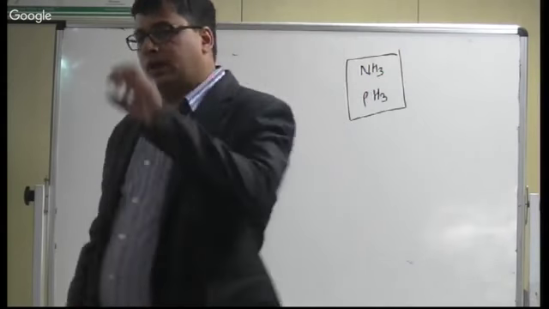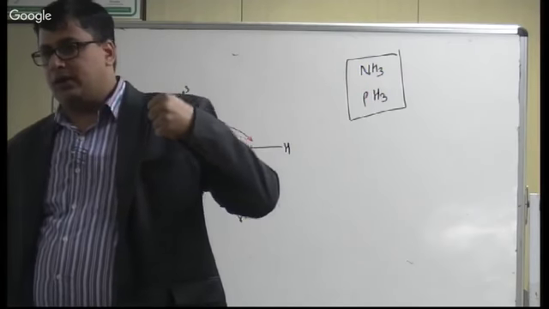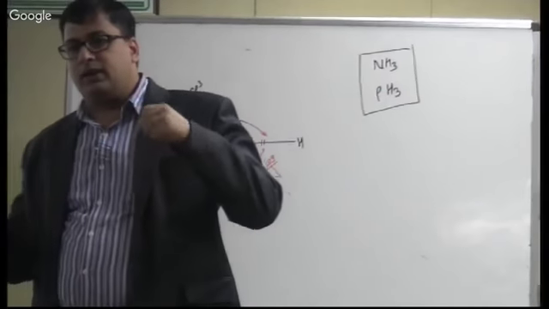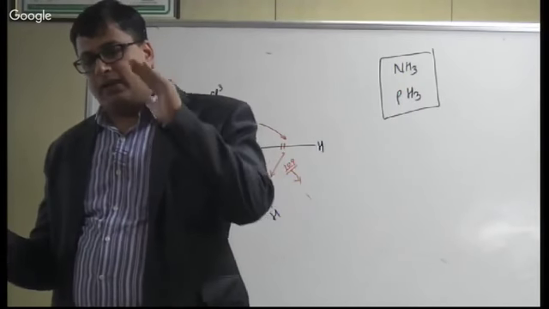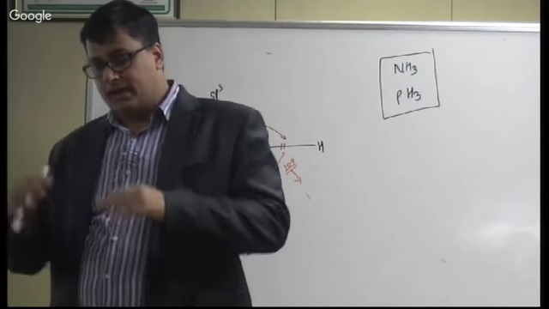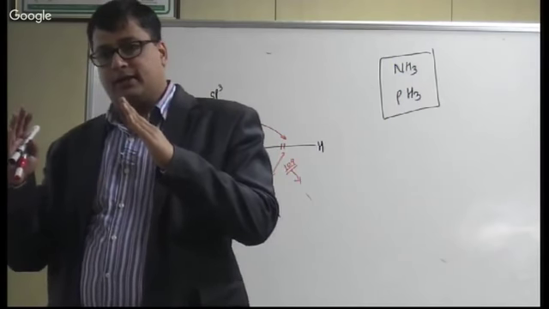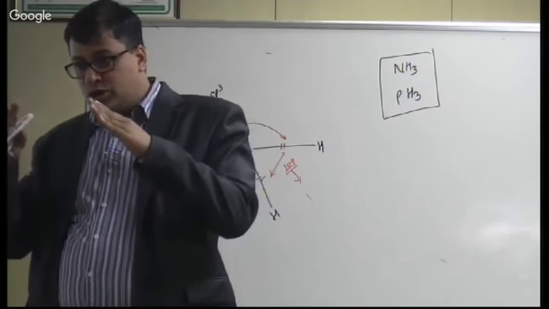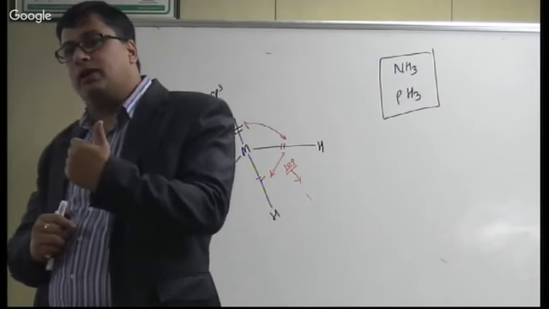So as the size of the central atom increases, the bond length increases, right? And if you increase the bond length, the density of electrons in the bond decreases. And if that decreases, the inter-electronic repulsion between two bonds decreases. So they can come close to each other, so that the lone pair-bond pair repulsion is higher.